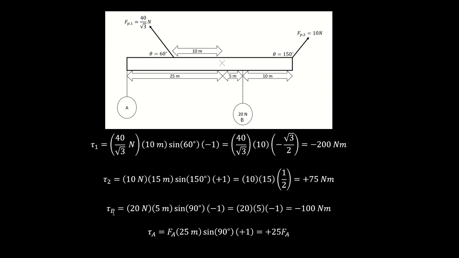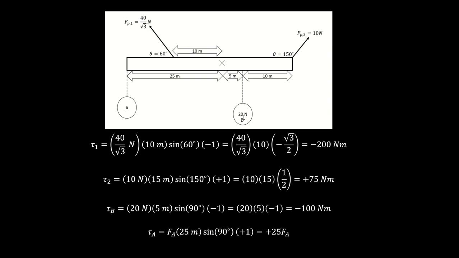Torque B is going to be 20 newtons due to its weight, times 5 meters, the distance away from our point of rotation, or the perpendicular distance, I should say, and then sine 90 degrees because they are completely at a right angle to each other, the force and distance vectors.